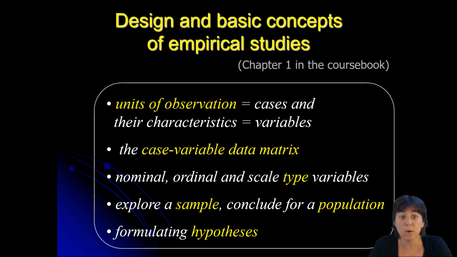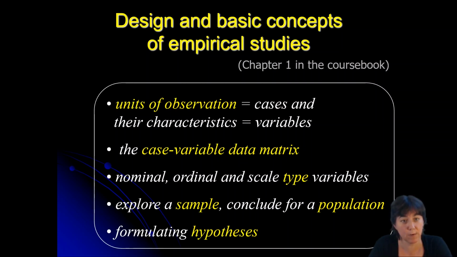Of course, we're also interested in their characteristics, but these are the variables. Okay, so don't mix these two up. It's very important to make good distinctions between them. We will practice this a little bit. From the units of observation and variables, you can put together your data set, your case variable data matrix, and it has a special design, which is important when you use statistical programs.